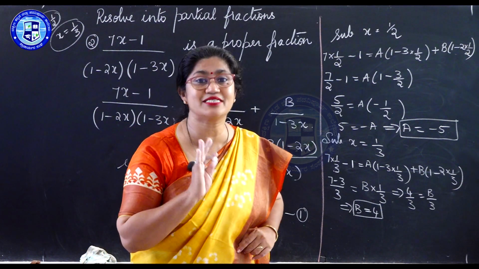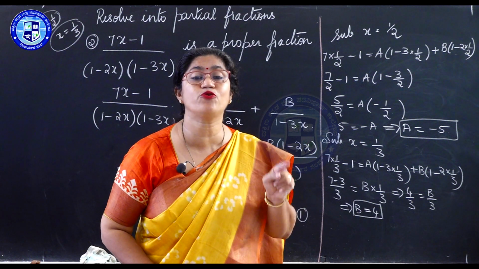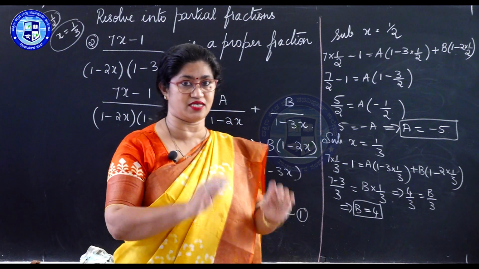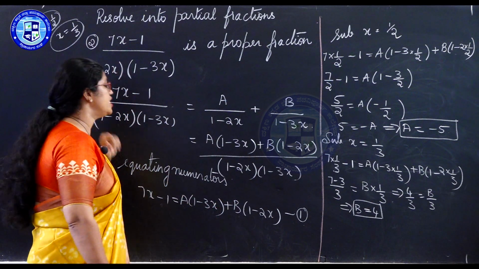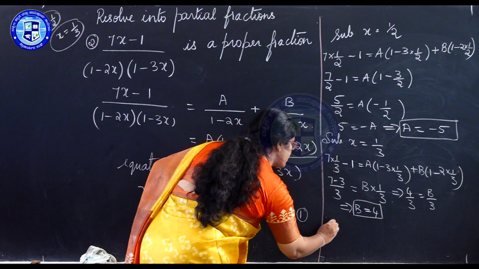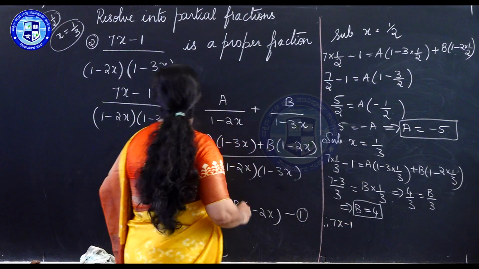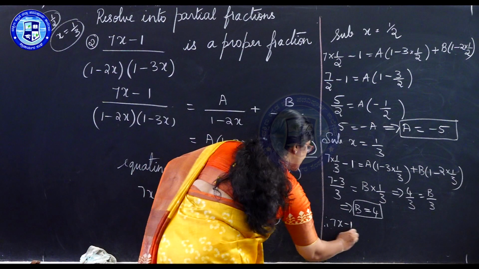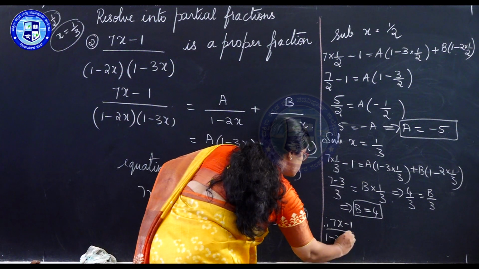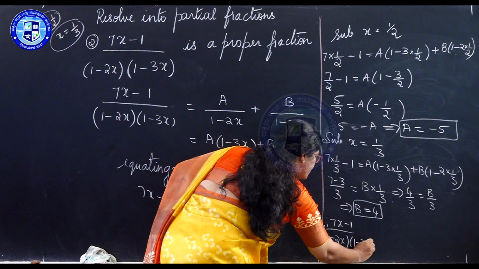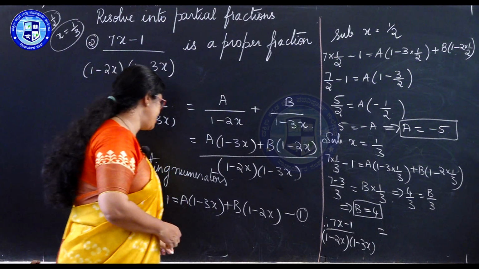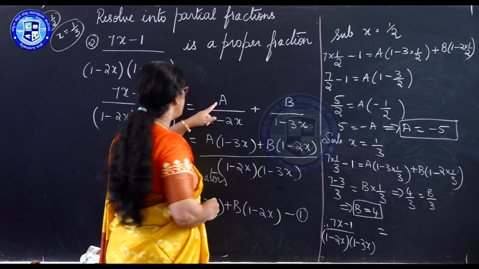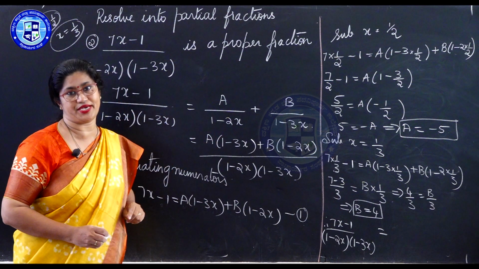Remember, the sum is not over. I have to write the final answer. So the last step of writing the final answer. Therefore, 7x minus 1 by 1 minus 2x into 1 minus 3x is equal to, important, you should know what the answer is, a by 1 minus 2x.